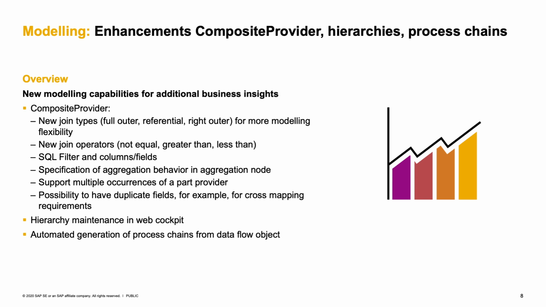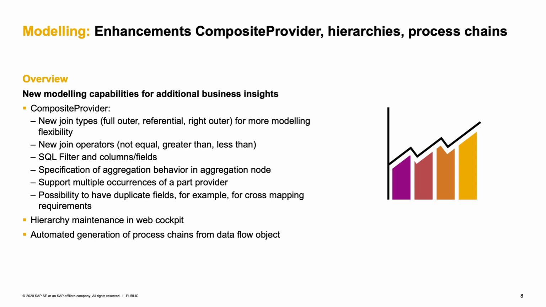So basically, we added a lot of capabilities to the composite provider to make it more versatile, more flexible. I do not want to go through each and every point here because I have more detailed slides later. Then we have also added a new possibility for hierarchy maintenance in the admin cockpit of BW for HANA.